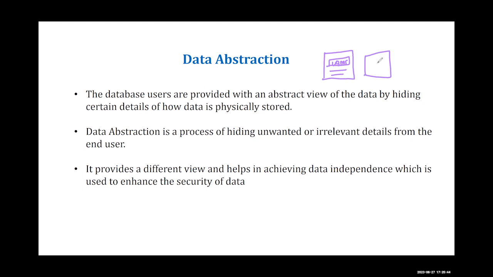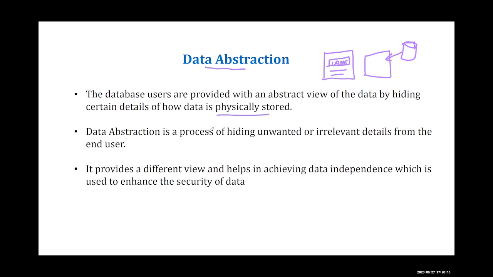Now what is happening there is you're accessing the content from that particular website's database, isn't it? But you are not aware of how the data is stored in their database, which location it is stored in, or from where it is coming into your system. You're sitting at home and accessing their database. So when I say data abstraction, it is nothing but hiding the details of how the data is physically stored from the user, right?